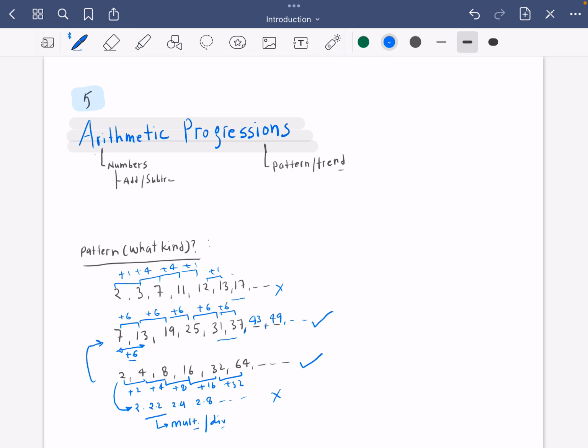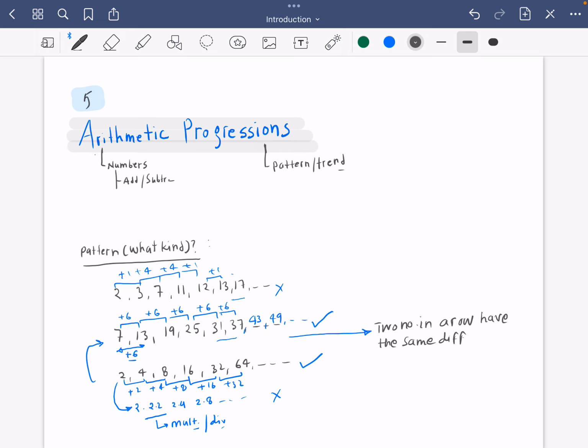And here we are concerned with series where we get numbers by adding the same number to a term, where two numbers in a row have the same difference. For example, here 6, 6.